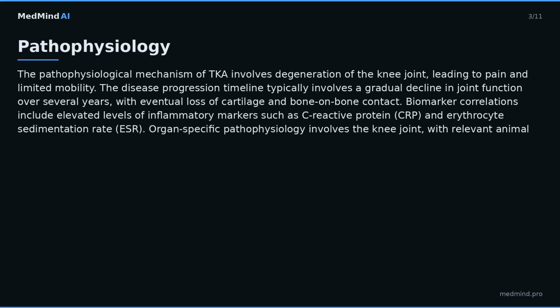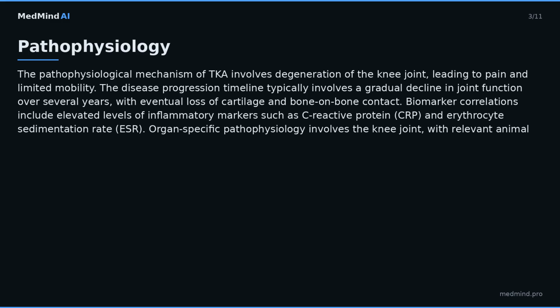Pathophysiology. The pathophysiological mechanism of TKA involves degeneration of the knee joint, leading to pain and limited mobility. The disease progression timeline typically involves a gradual decline in joint function over several years, with eventual loss of cartilage and bone-on-bone contact. Biomarker correlations include elevated levels of inflammatory markers such as C-reactive protein, CRP, and erythrocyte sedimentation rate, ESR.